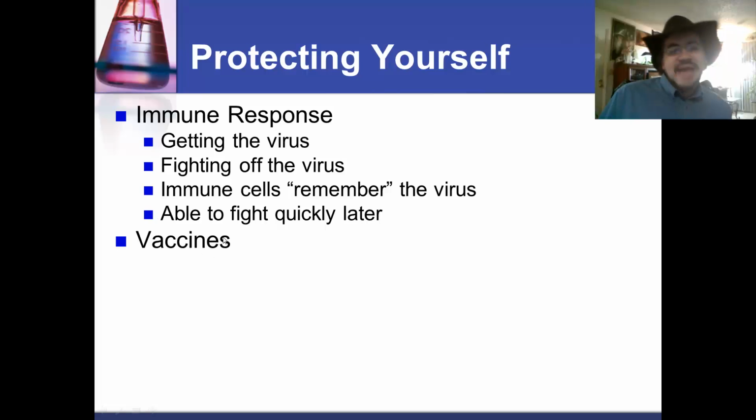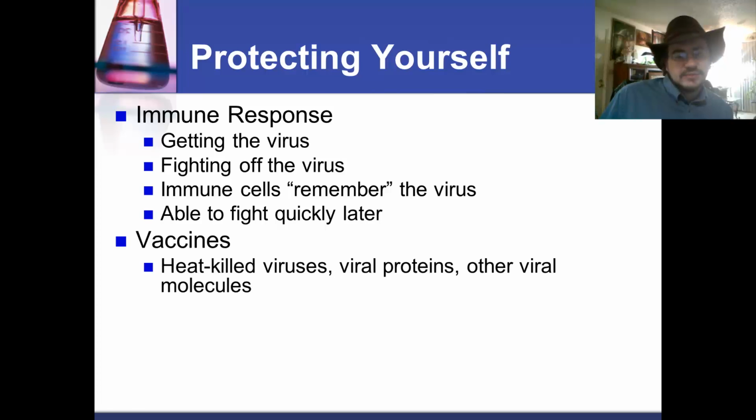Then there's vaccines. With vaccines, instead of getting the viral infection, you generally get infected with pieces of the virus. So either a heat-killed virus that can't cause disease, or little viral proteins or other viral molecules. Your immune system recognizes these as foreign things that must be destroyed.